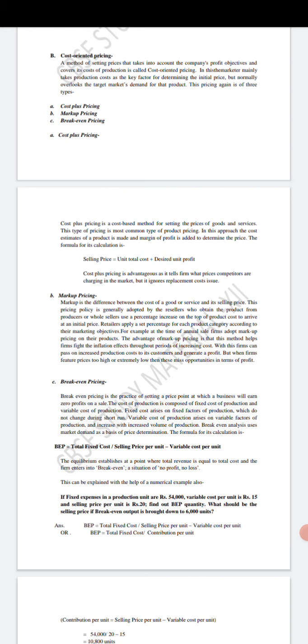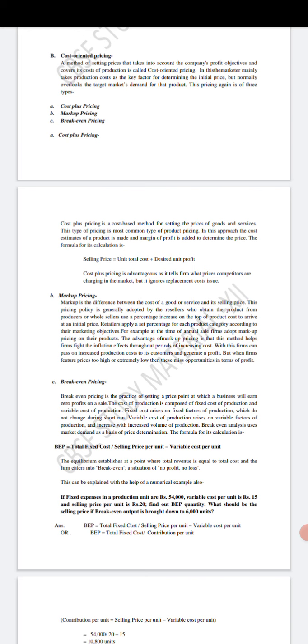Okay, just learn. Next, markup pricing. It's another method, markup. Markup means something additional or extra. Let's study this method. Markup is the difference between the cost of a good or service and its selling price.